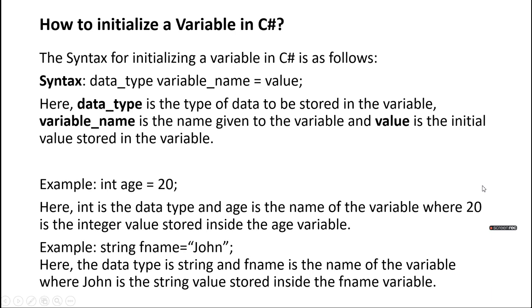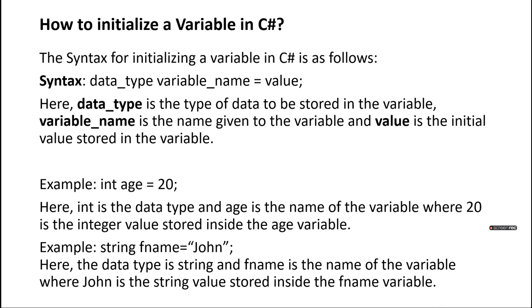How to initialize a variable in C#? The syntax for initializing a variable is data type variable name equal to value. Here data type is the type of data to be stored in the variable, variable name is the name given to the variable and value is the initial value stored in the variable. So example is int age = 20.